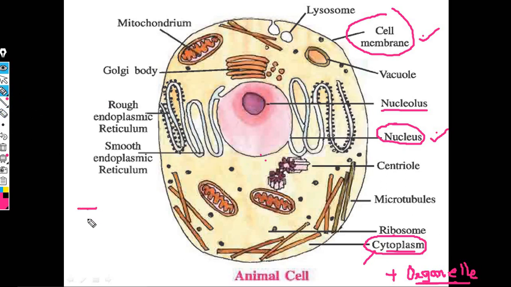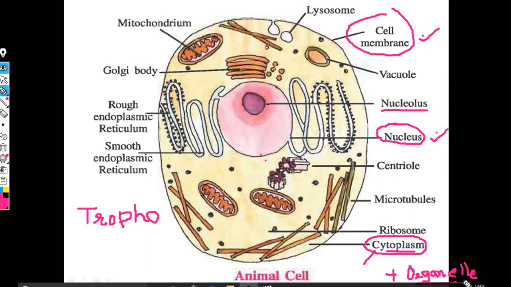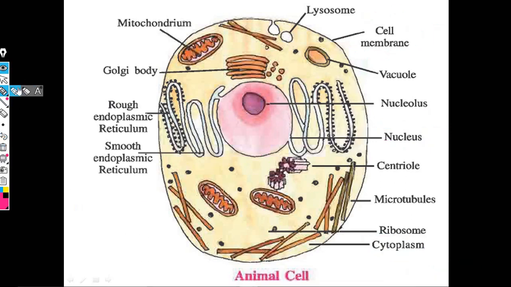Just like hyalo relates to the glassy appearance, wherever tropho is there, it is related with nutrition. So if someone asks about trophoplasm, it is all the cell organelles that we are considering. This is how you remember and understand these words.